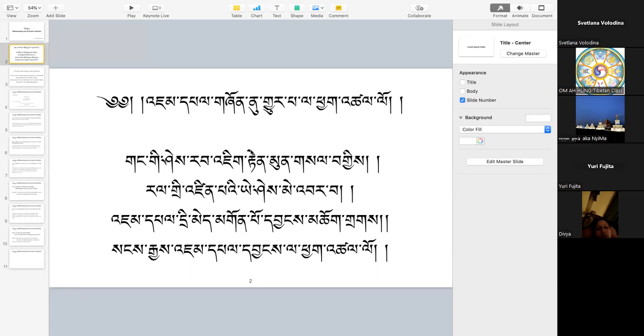This is a line of worship for Manjushri. It says, I prostrate to you, O eternally youthful one.